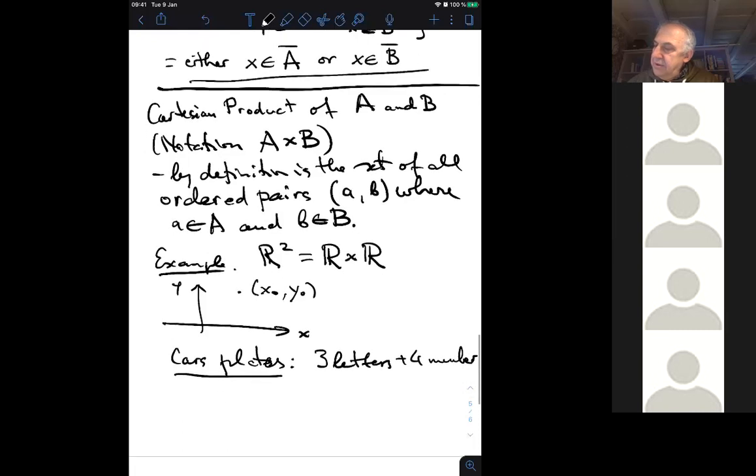It's a Cartesian product of the alphabet three times, because we have three letters, times digits four times. Let's assume that there are no exceptions.